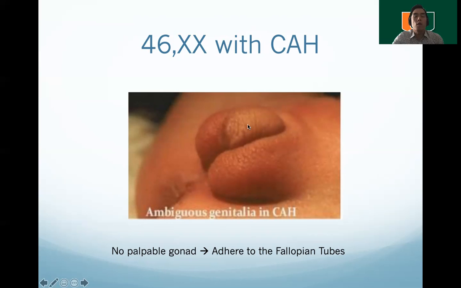So this is a 46XX with a severe form of CAH. Now, in this situation, you shouldn't be able to palpate gonads because they are adjacent to the fallopian tubes, right? Because Müllerian duct structures are there. Very, very important. It's going to help us when you see ambiguous genitalia, right? Remember, physical exam and some simple investigation.